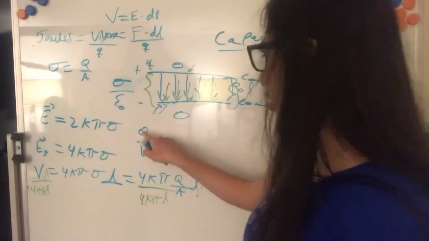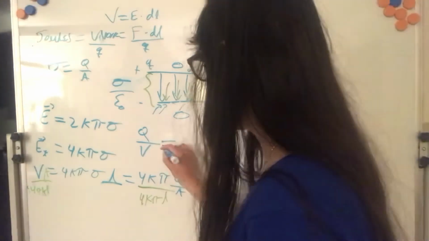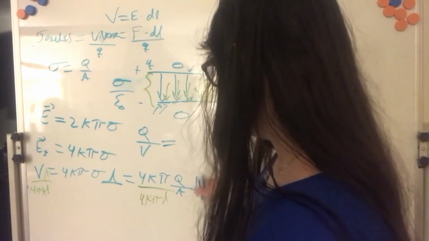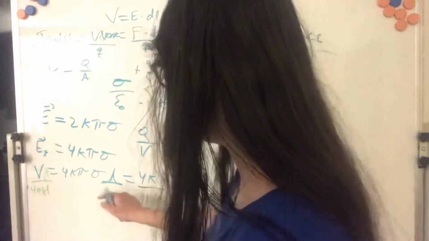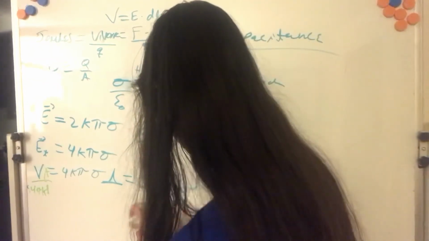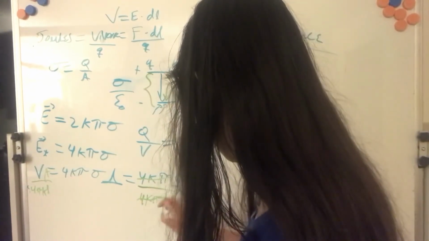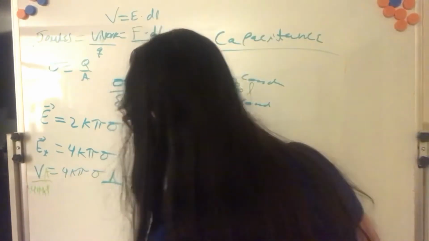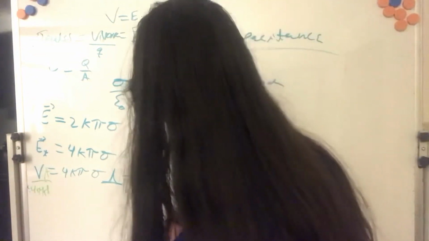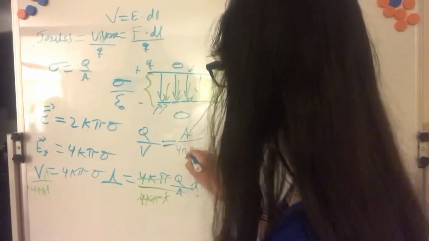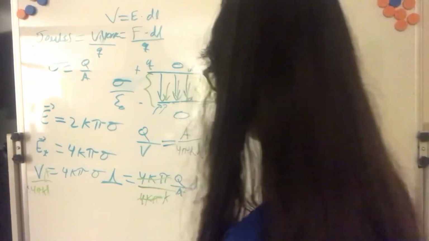We have that the charge divided by voltage is equal to, cancelling this L with this L, and this area with this area, the area divided by 4 pi k L.